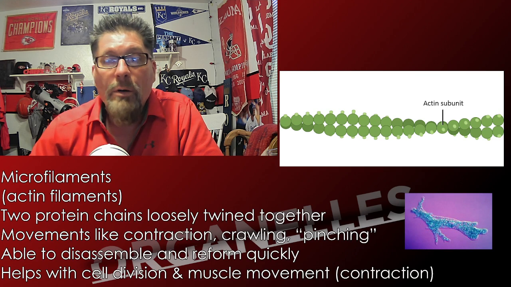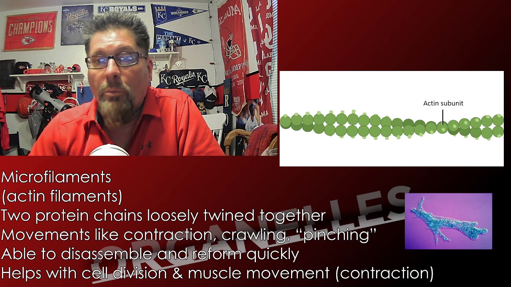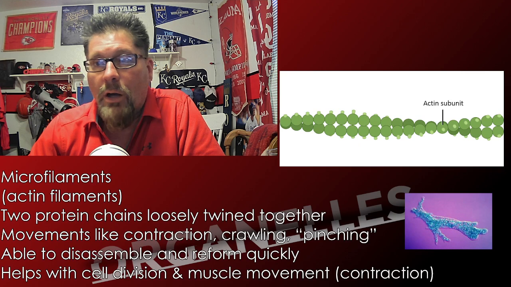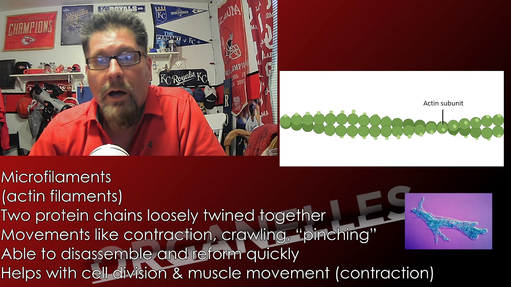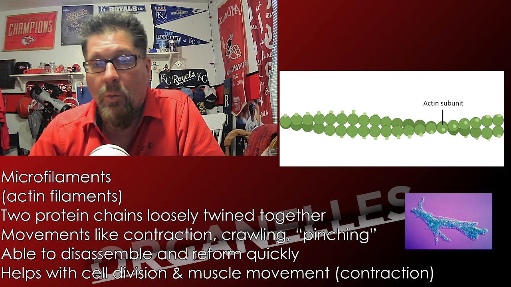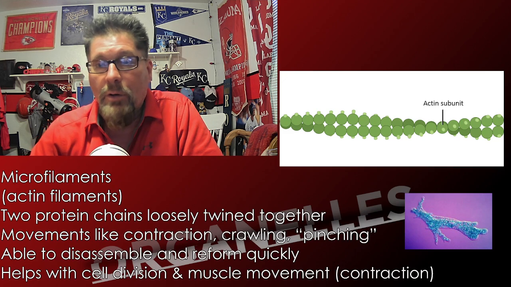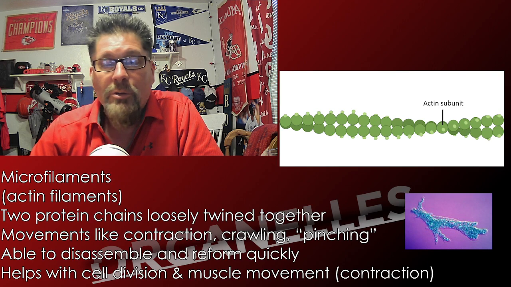Okay, continuing to talk about microfilaments. If you have been or will be in an A&P class, you'll see this kind of image, this actin subunit and this intertwined, almost like a pearl necklace of some kind, except green. But that's an actin filament, and that's super important to the process of contracting muscles. One of the things that microfilaments can provide is muscle movement, muscle contraction.